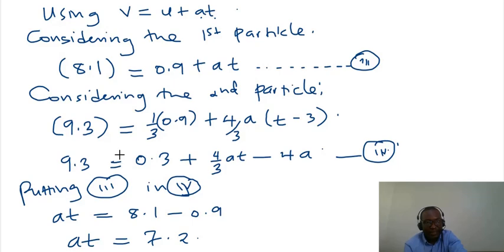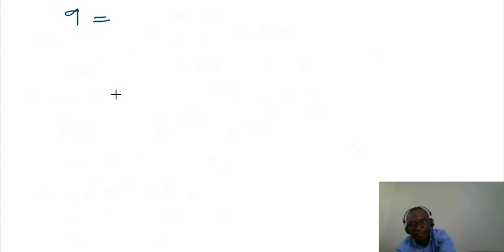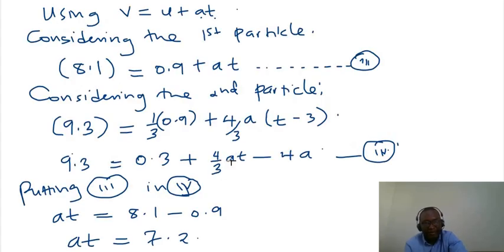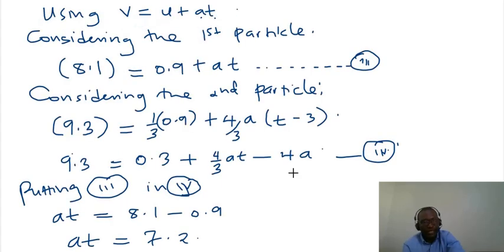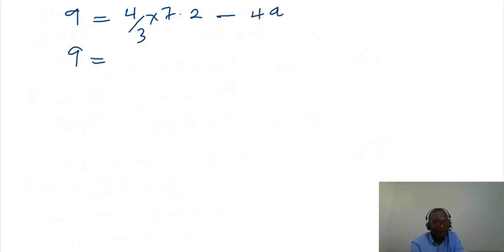So we have 9.3 minus 0.3. When this crosses, we shall remain with 9 on the left hand side, equal to, here it's now 4 over 3 times 7.2 minus 4a. This is 9 being equal to 9.6 minus 4a.